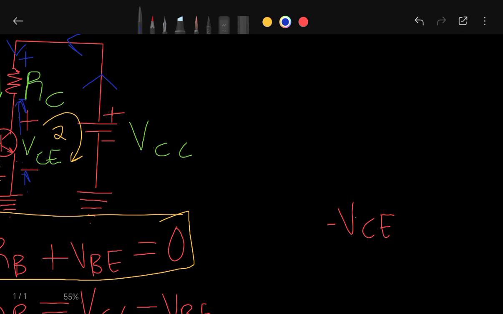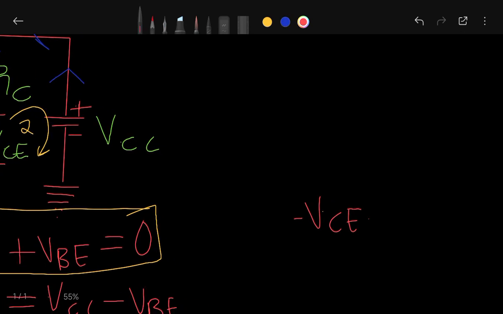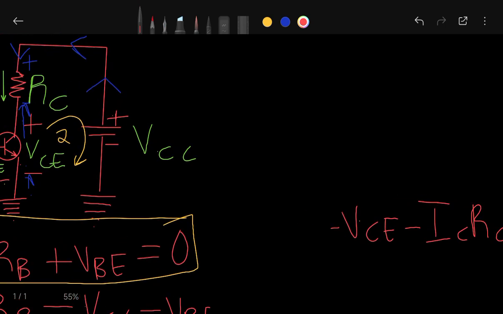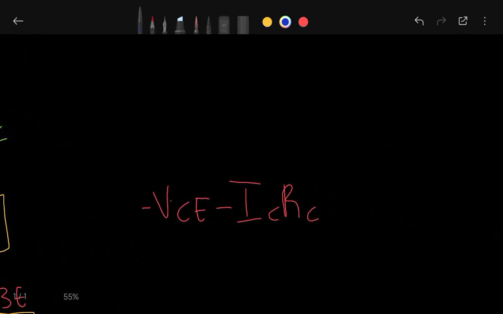Negative IC RC. And as you go further, you see positive VCC. So it's going to be plus VCC equals 0.